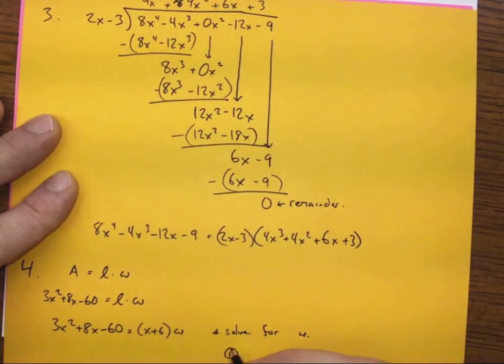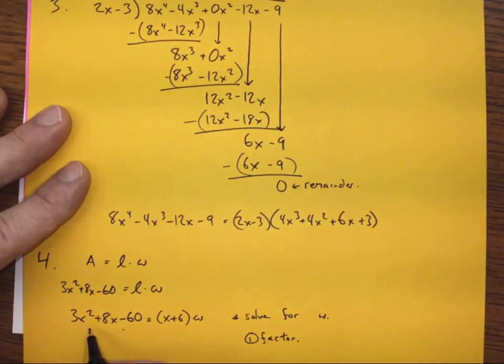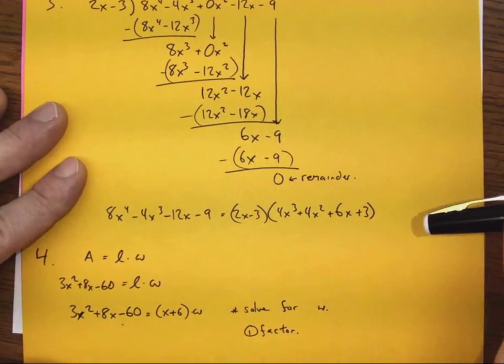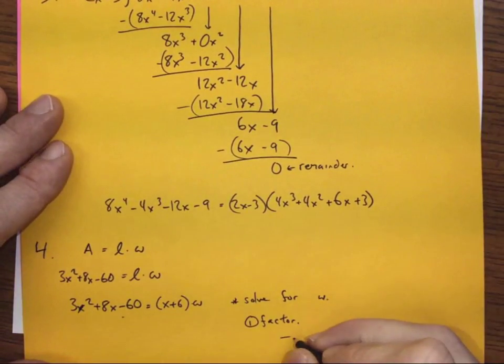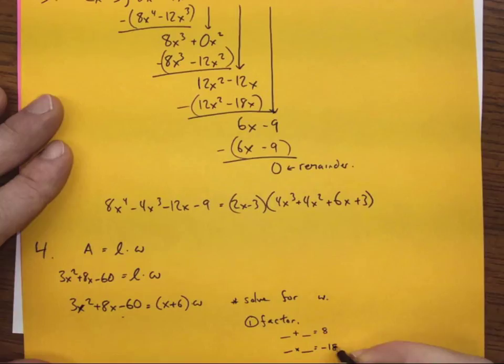So I have two options. Option 1 is I could factor. I could actually factor this expression just using basic quadratic factoring skills as a trinomial. However, when I do that, I have to multiply 3 by negative 60, and I have to find numbers that multiply to negative 180. So things need to add to 8 but multiply to negative 180.